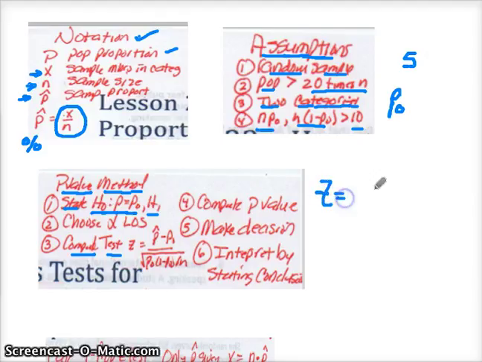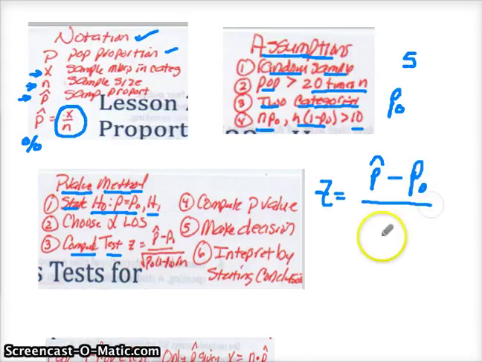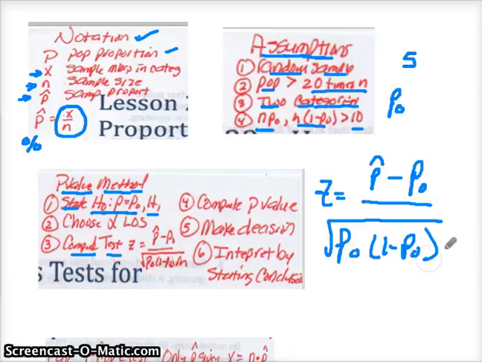So it's going to be your P hat, your sample proportion, minus P naught, your claimed value, over, and this is what's different, the square root of P naught times its complement, divided by N. Keep that in mind. This part is very important to remember.